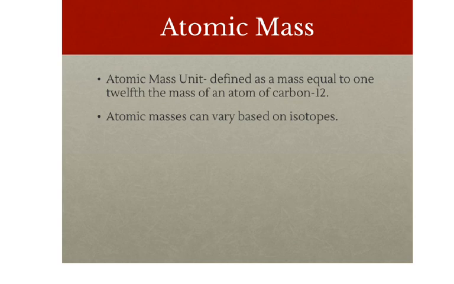By definition, one atom of carbon-12 is assigned a mass of exactly 12 atomic mass units. An atomic mass unit is different than a mass number. An atomic mass unit is defined as a mass equal to 1/12 the mass of an atom of carbon-12. The mass of any isotope of any element is expressed in relation to the carbon-12 standard.